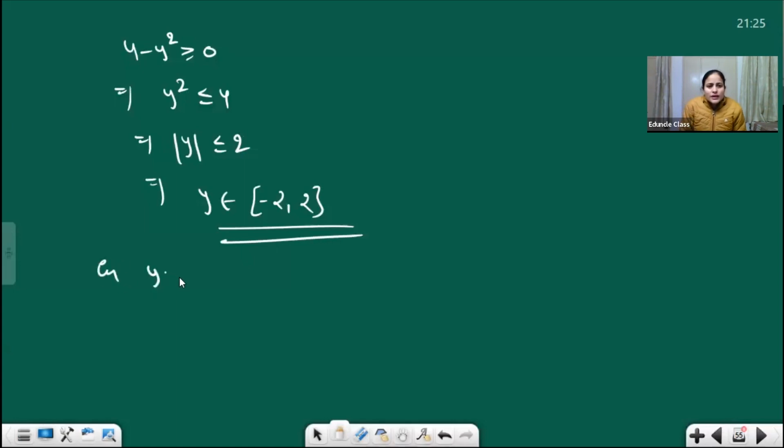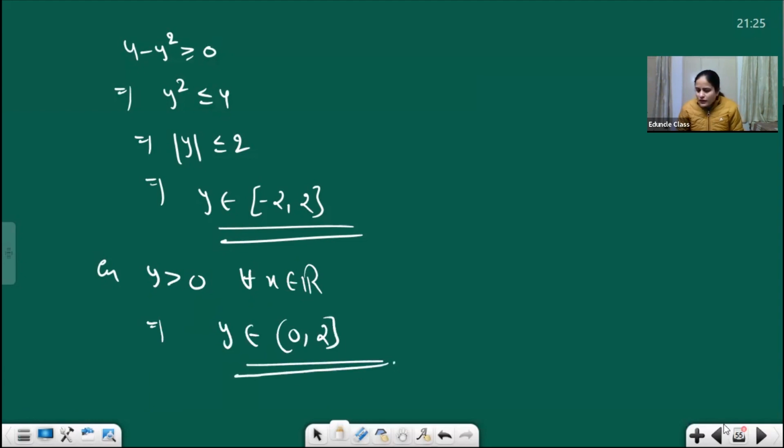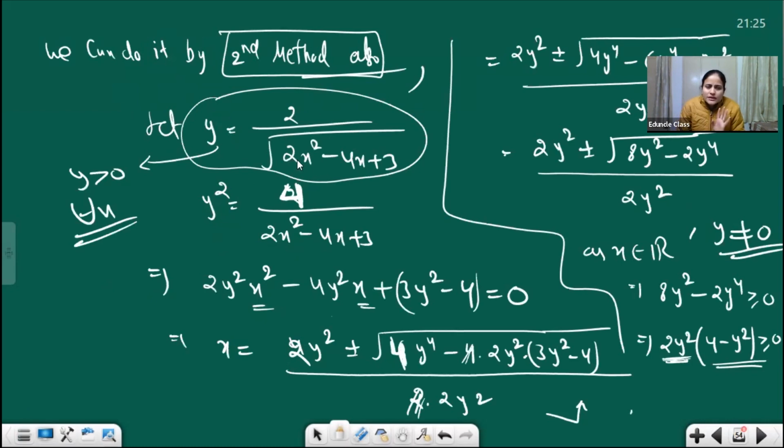So as y is strictly greater than 0 for all x belonging to R, this implies that from here my y will be in the open interval 0 to 2. Correct? As here y is not equal to 0, and here also clearly there is no value of x for which the value of y is 0. y is 0 only when x tends to plus infinity or minus infinity.